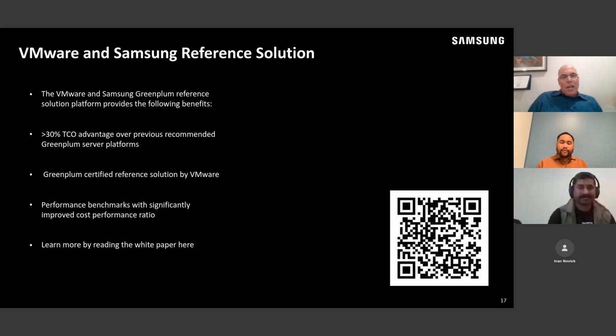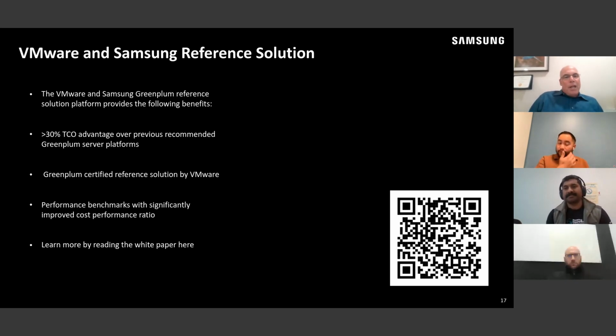Pramod gave us a sneak peek at many of the features, both on the hardware technology, the PM1743 Gen 5 SSDs, the platform we've co-defined and developed with VMware, and also the SSD value kit, SVK, which, as Pramod explained, is a value-add service that enhances the features beyond the hardware for power savings, performance tuning, power throttling, and many more exciting benefits to come in the very near future.